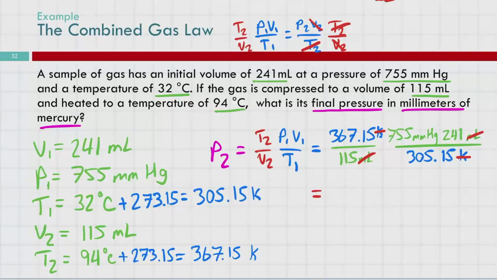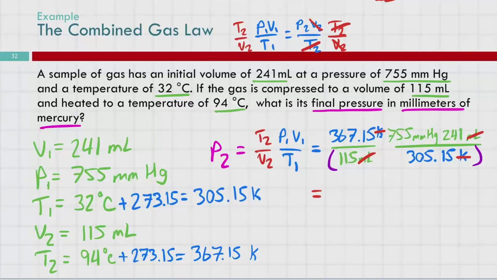So then we get to multiply everything on the top and divide by everything on the bottom. It might be helpful, if you're putting this all in at once, to put parentheses around what's on the bottom, or you can multiply everything on the top, get an answer, and divide that by what you get when you multiply everything on the bottom.